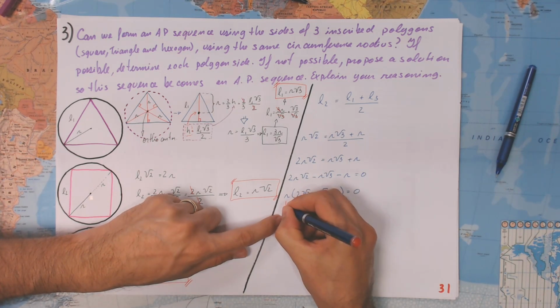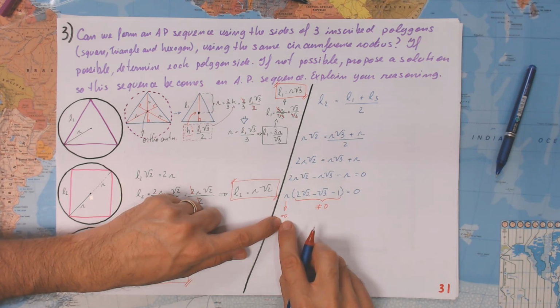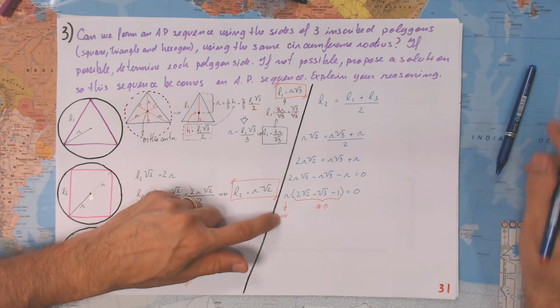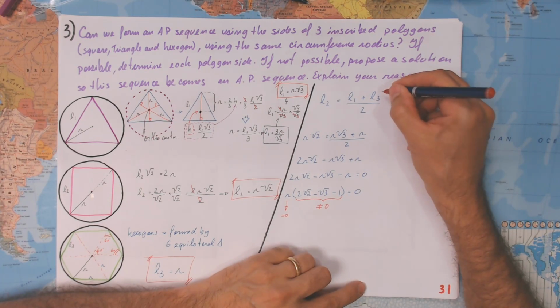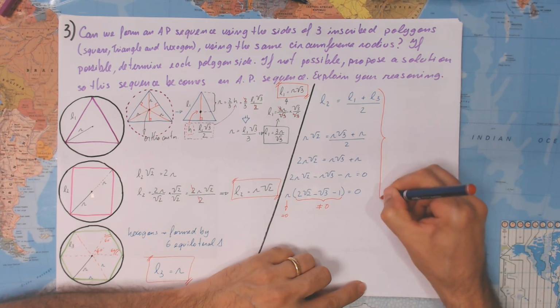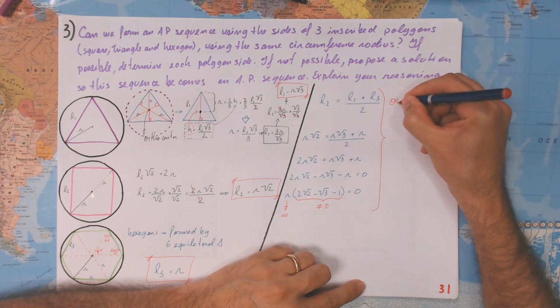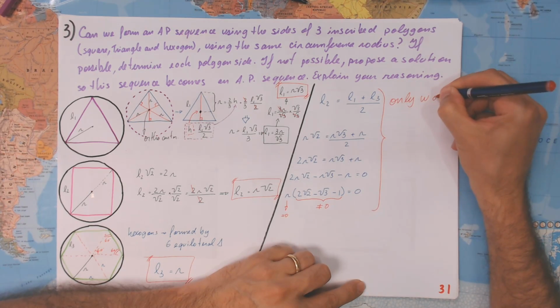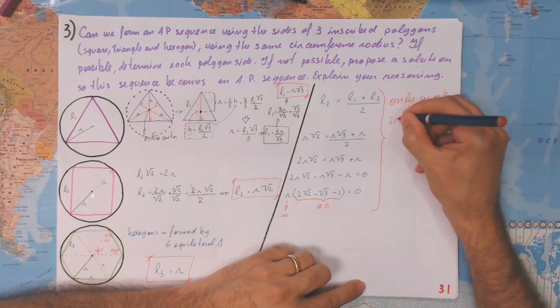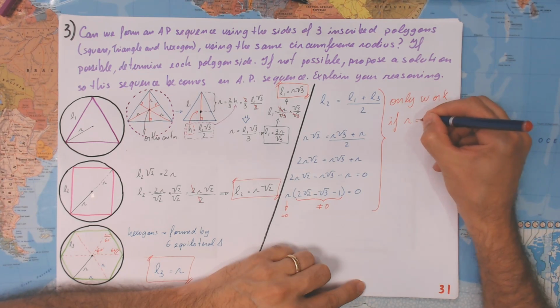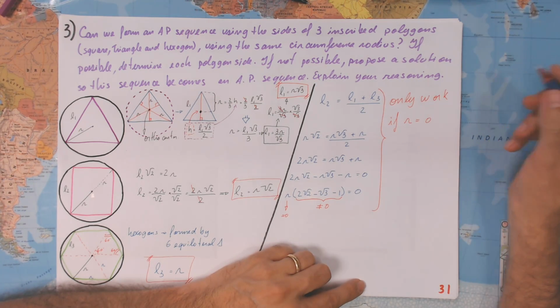So this guy must go to 0. Okay, so 0 times something goes to 0. And for that to happen, this will only work if r equals 0. Okay?